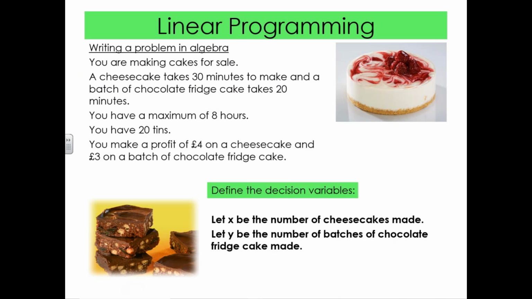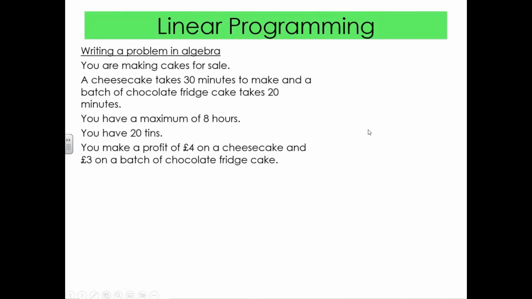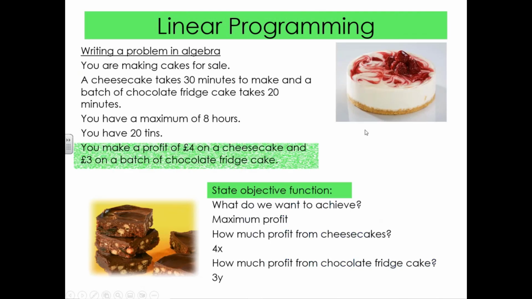Then we're looking to state what the objective function is. The objective function is going to be about the profit, taken from the profit of £4 on a cheesecake and £3 on a batch of chocolate fridge cake. We are looking to maximize this profit, so make sure you state that we're maximizing the profit. Then we need an equation for how much profit we make.